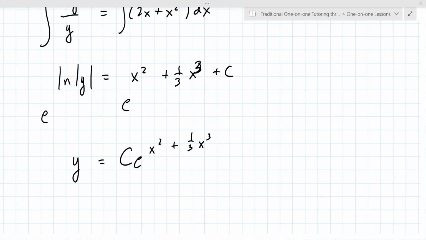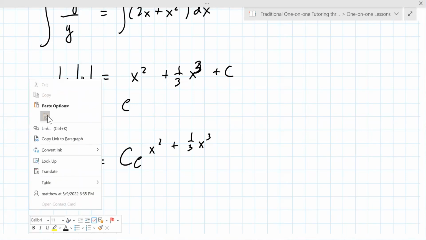You sent me something a couple days ago. These were all separable differential equations that I'm going to just snip in for the moment.